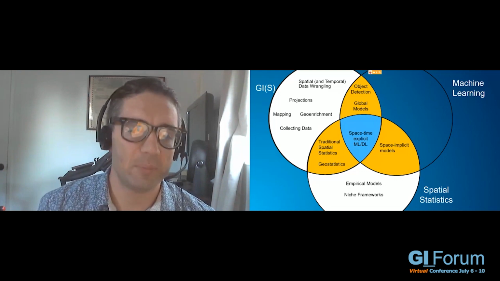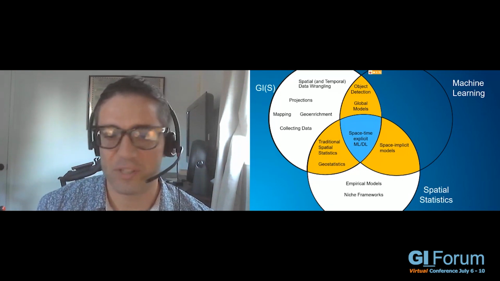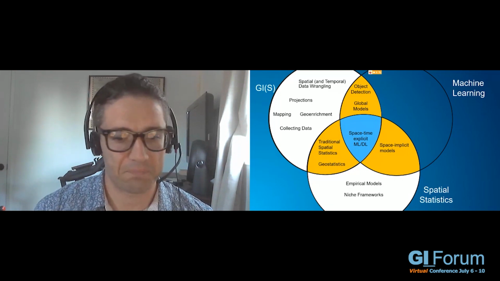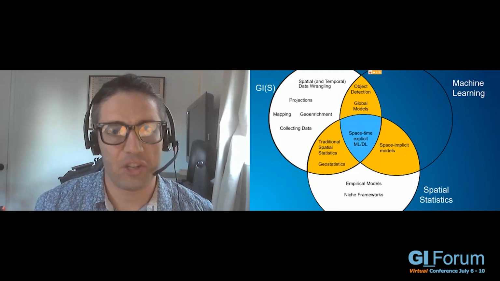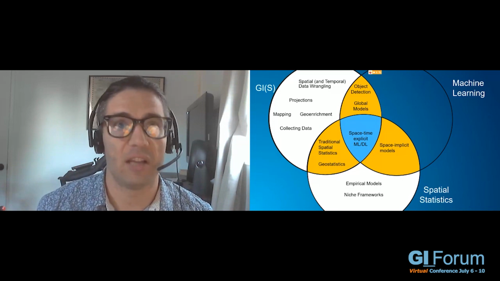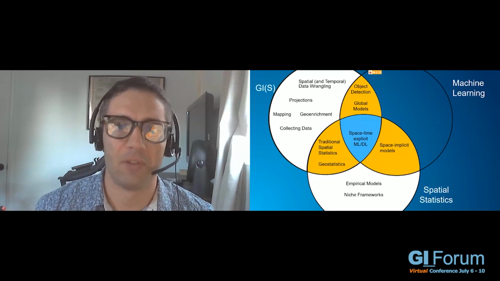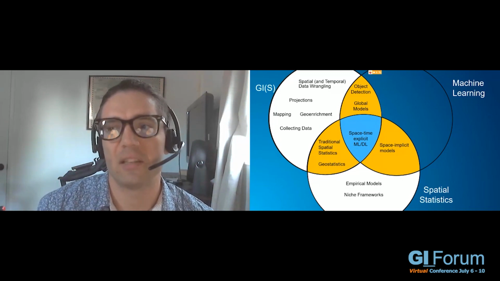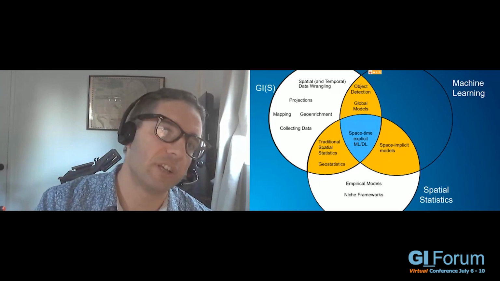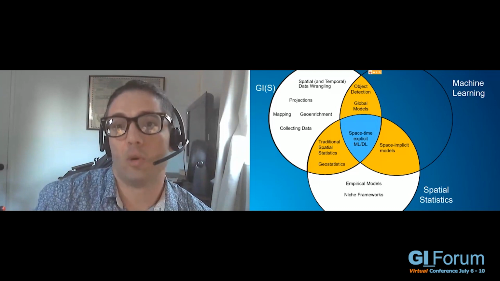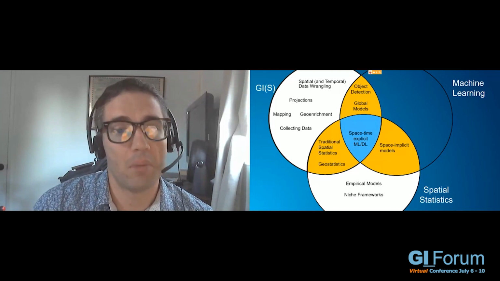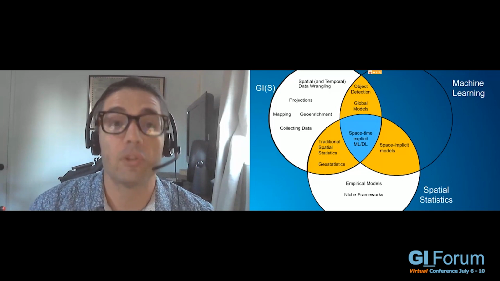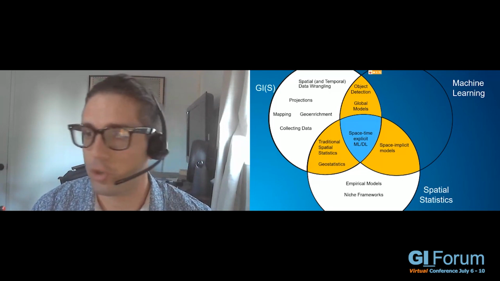A very simple example is partitioning your data spatially and then analyzing those partitions one by one with a global machine learning method that knows nothing about space. Here, the space is implicit. It's used to subset your data, and the main method can be a global machine learning method. But these models are also very frequently used in workflows, one of which I will show briefly.